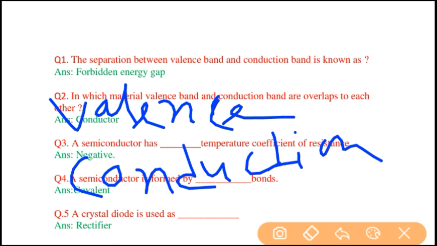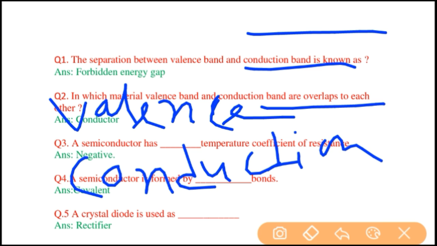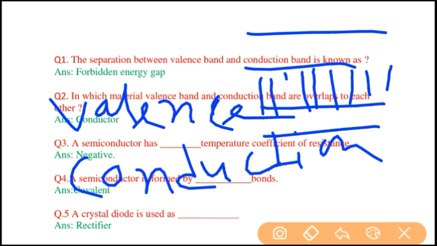In between them there is an energy gap, the forbidden energy gap.